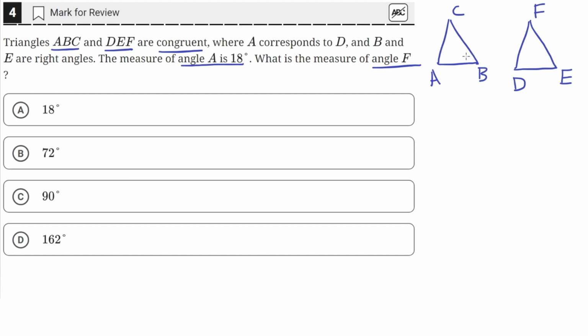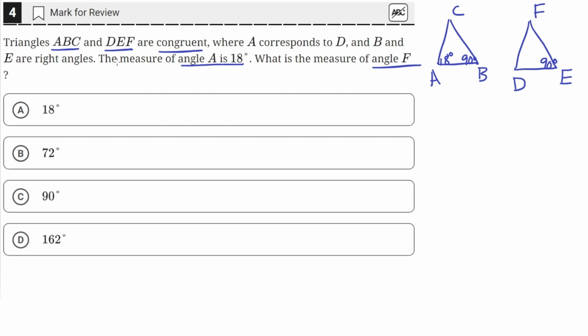So B is going to be 90 degrees, and E is also going to be 90 degrees. What is the measure of angle F? Oh, and it also tells us that angle A is 18 degrees.